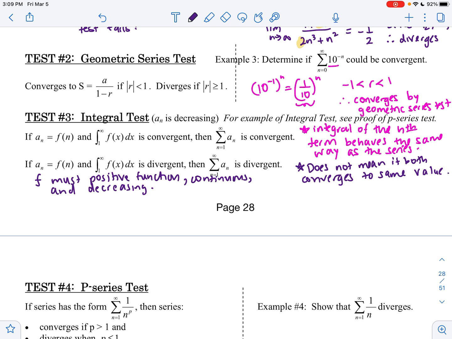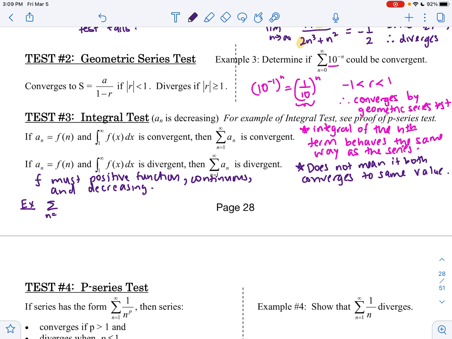So what would this look like? Here's the example, and we've actually already done the p-series, and I know we referred to it as the p-series without really understanding that its proof comes from the integral test. So we're going to take a look at how we would do a problem like this.